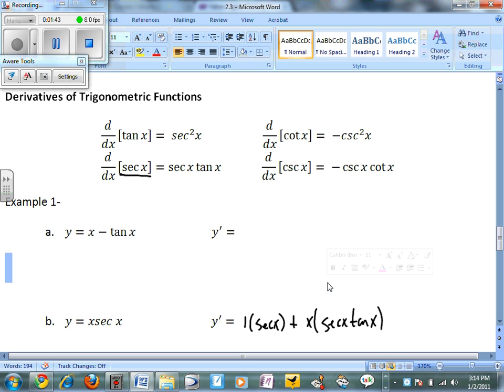We probably could simplify this: I'd have secant x plus x times secant x tangent x. I could probably pull a secant x out and have 1 plus x tangent x. So I suppose we could do that. It doesn't matter.